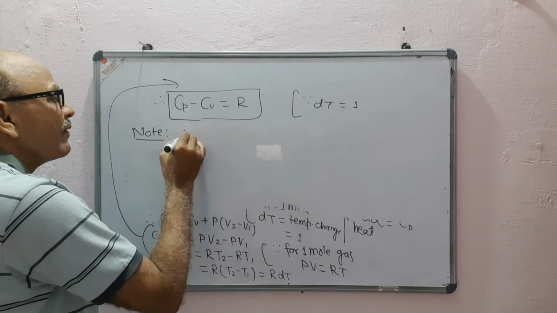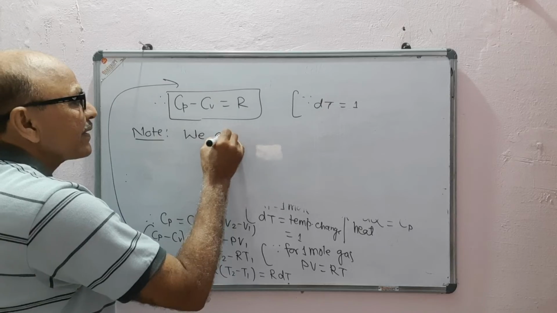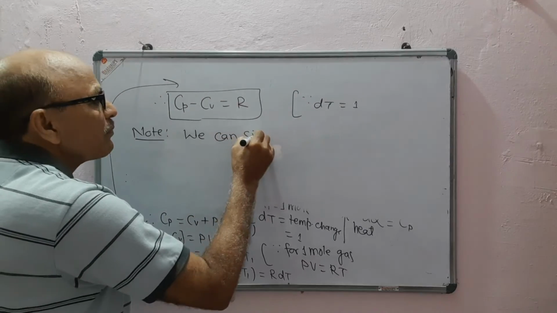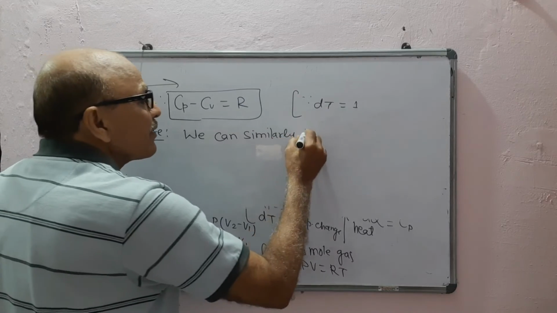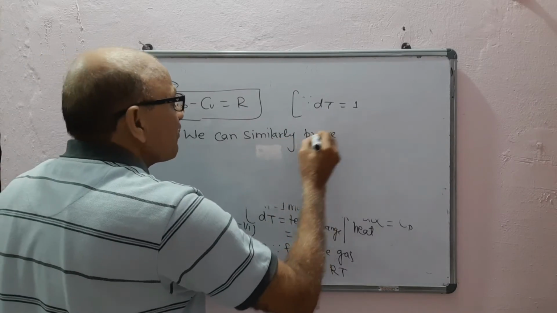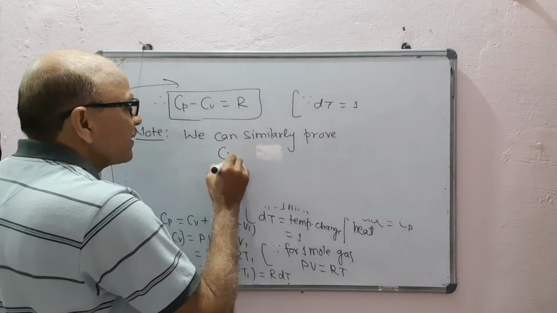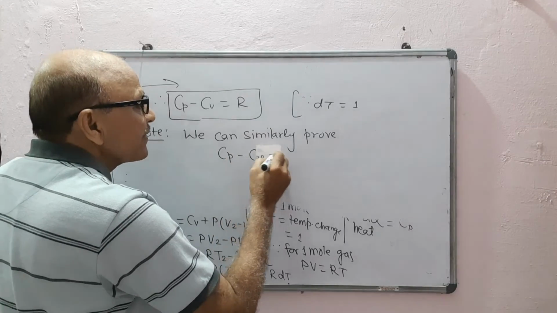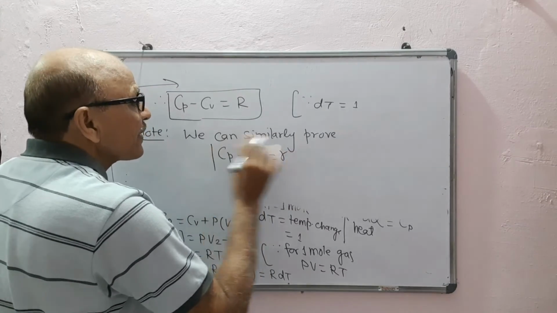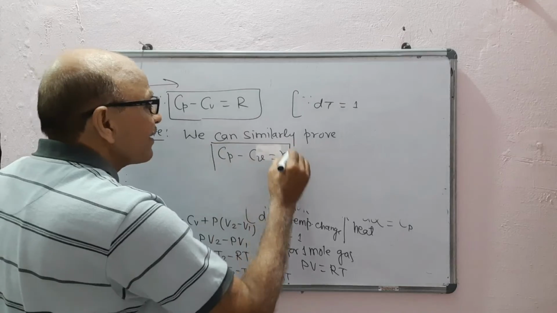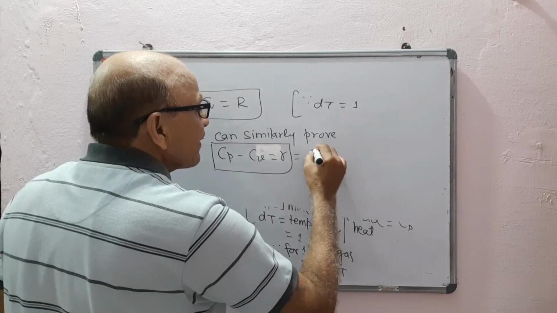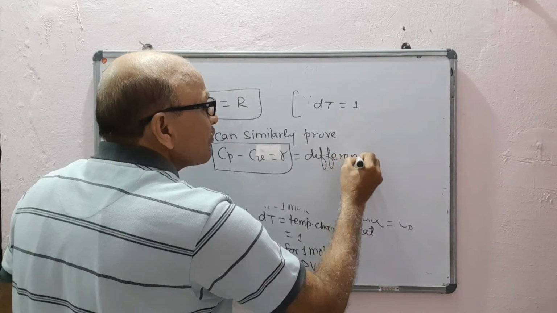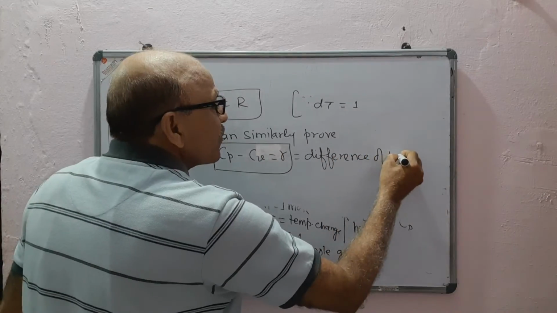We can similarly prove C small p minus C small v is equal to small r. This is the difference of two specific heat capacities of gas.